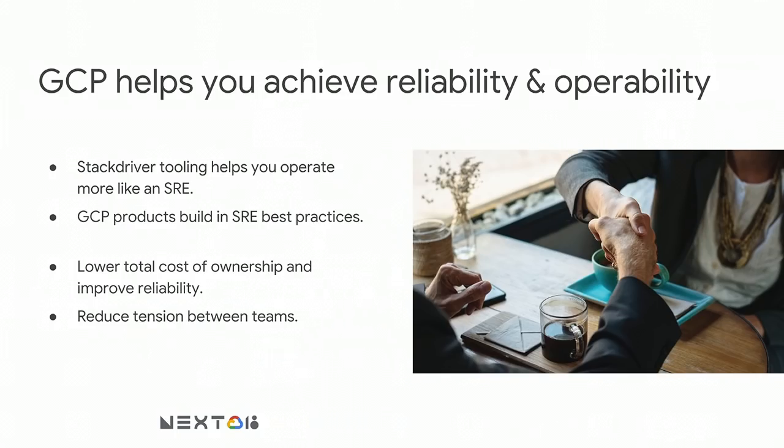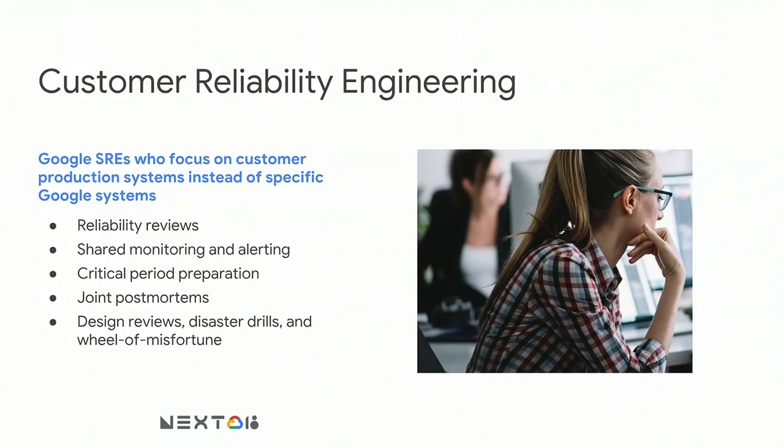The other thing I wanted to mention is that GCP helps you, right? We're here to help you achieve higher reliability and higher operability. The way we do that is by embedding SRE concepts into Stackdriver to help you operate more like an SRE. Our products build in all of these SRE best practices so that you can have lower cost of ownership, reduce the tension between your teams, and scale up.